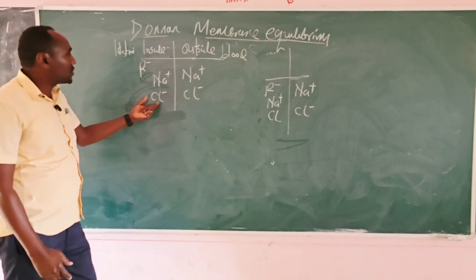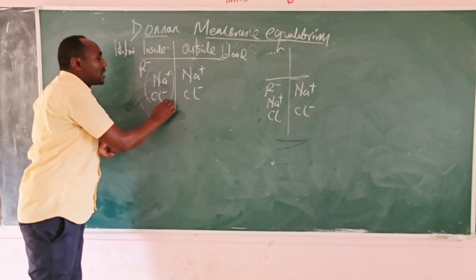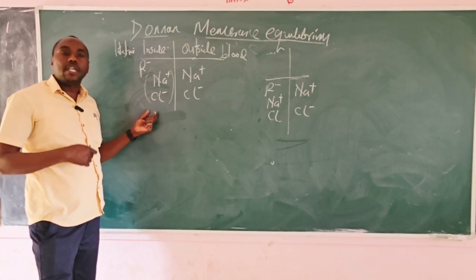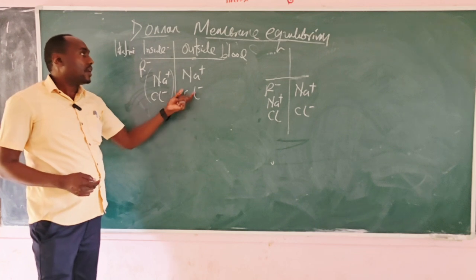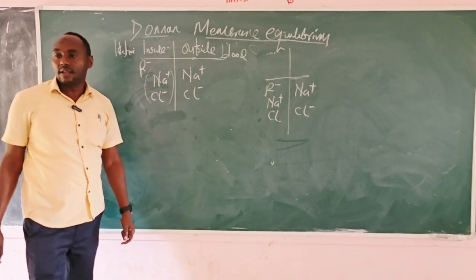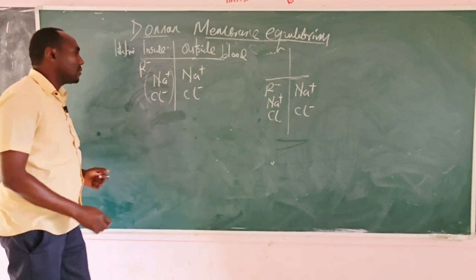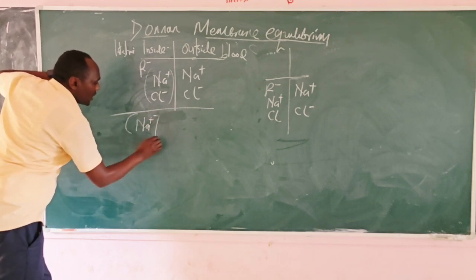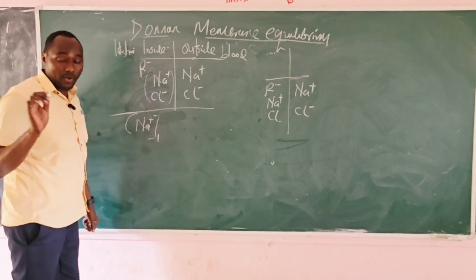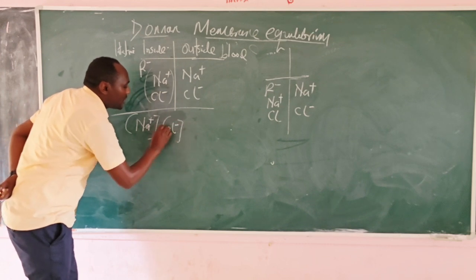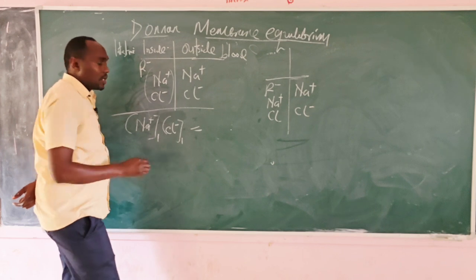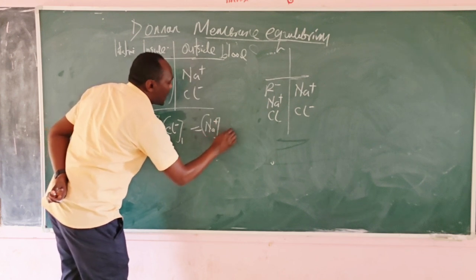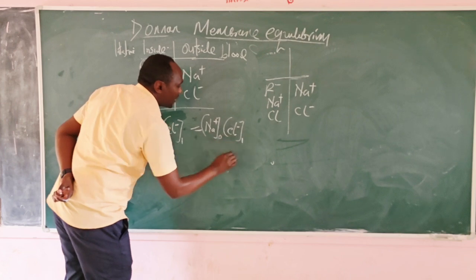So the concentration of sodium ions inside and the concentration of chloride ions inside, as a product, will be equivalent to the concentration of sodium ions outside and the concentration of chloride ions outside.